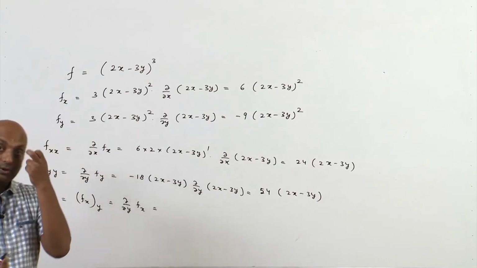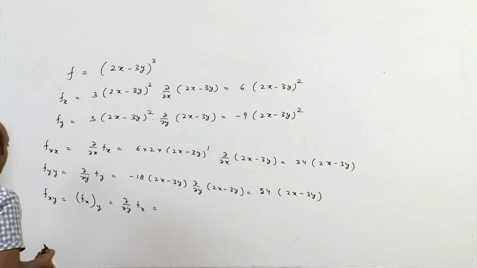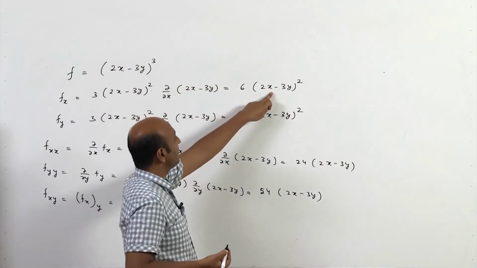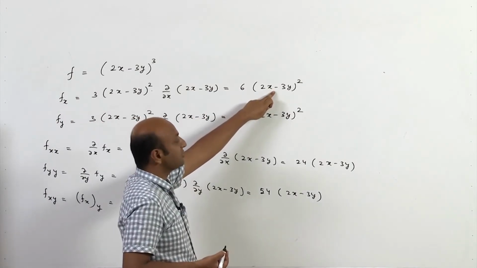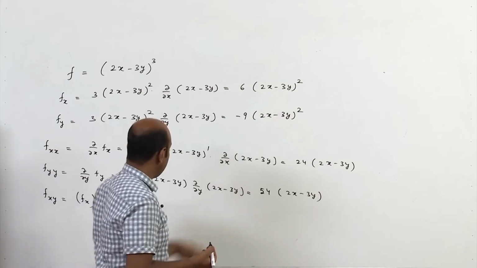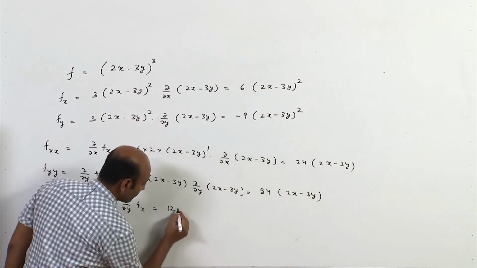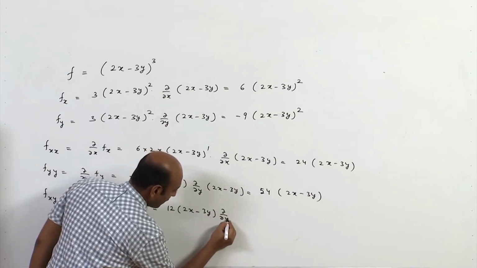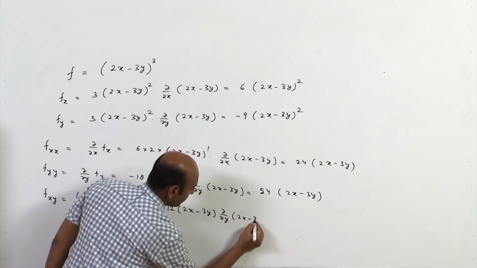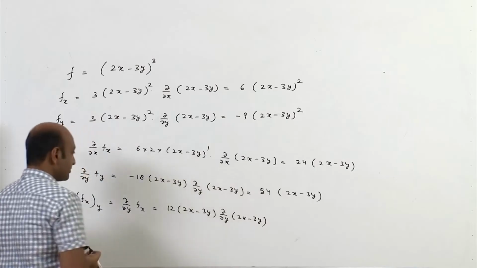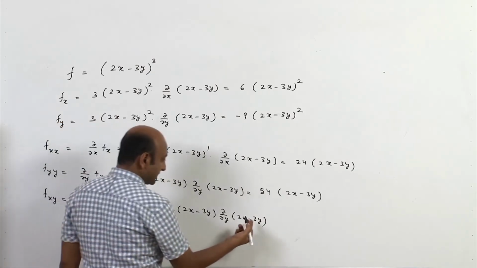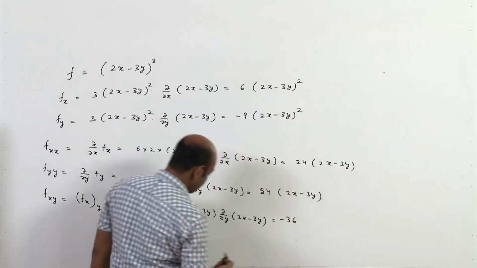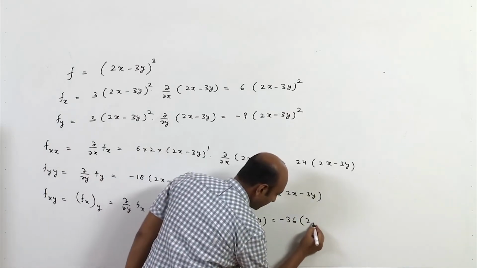So, del by del y of f x, this function, that is differentiate this partially with respect to y, and that means it is 12 (2x minus 3y), del by del y of this again with respect to y, that is minus 3 into 12 is minus 36 times (2x minus 3y).